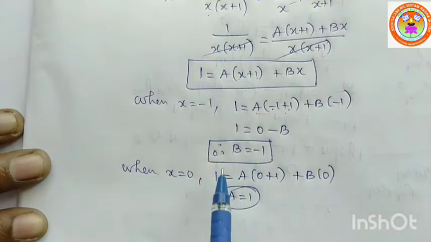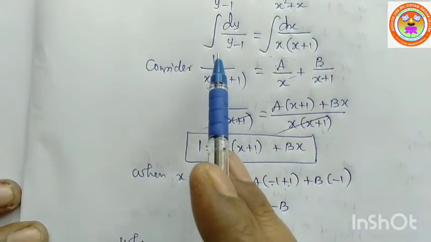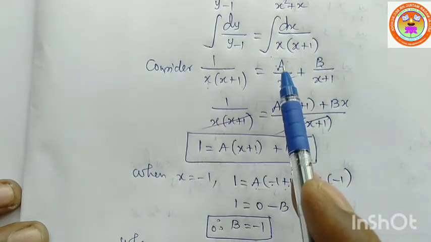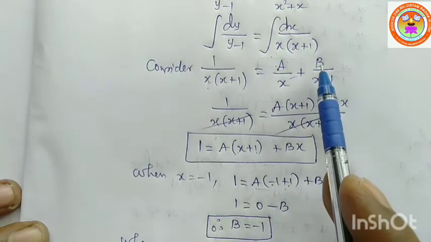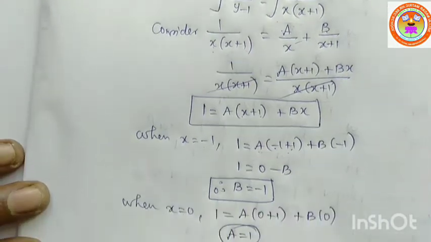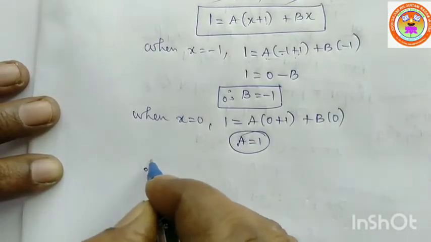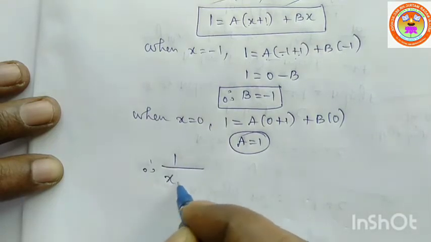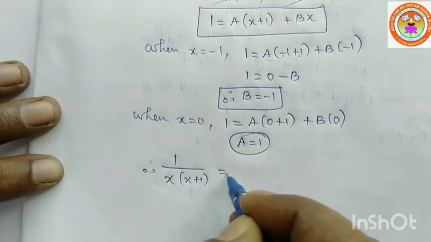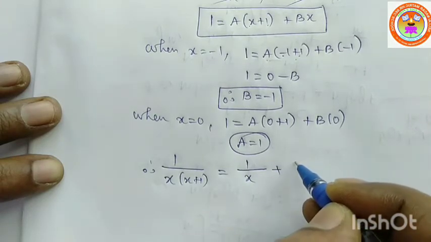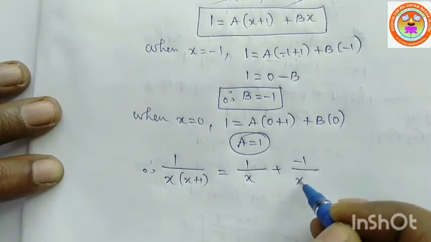Therefore, in this expression, 1 by x into x plus 1 is equal to a by x plus b by x plus 1. The value of a is 1. The value of b is minus 1. So, apply these values of a and b here. Therefore, 1 by x into x plus 1 can be written as 1 by x minus 1 by x plus 1.